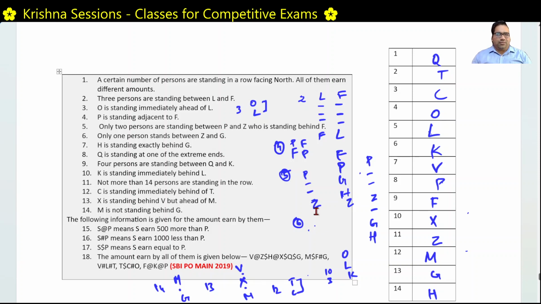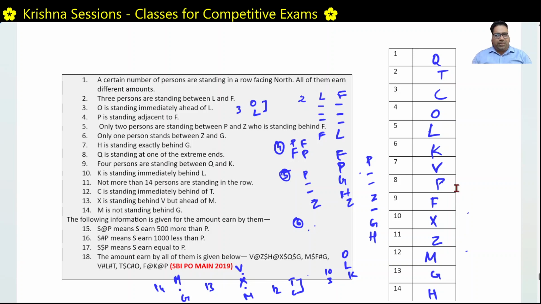P double space G was not possible. So then we removed the possibility that Q is at the bottom. The only option left was Q at the top. Then again O, L, K are together. Then F is also fixed because L and F are spaced by 3 people. Now after F, P can be either above F or below F. Now if P is below F, again the space is not getting satisfied because there is not enough space for T, C or V, X, M.